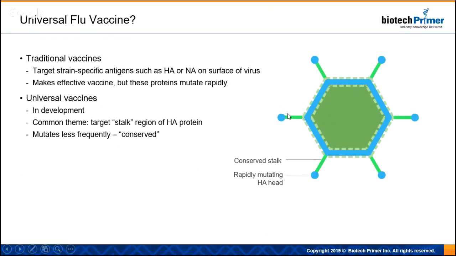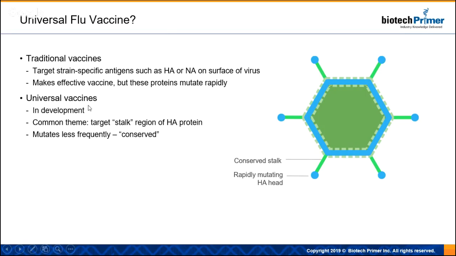And typically, an inactivated flu virus vaccine is going to cause the recipient to generate antibodies against this head portion of the vaccine. And so these vaccines can be very effective if we pick the right strain, but not for more than one season because of the rapid mutation.